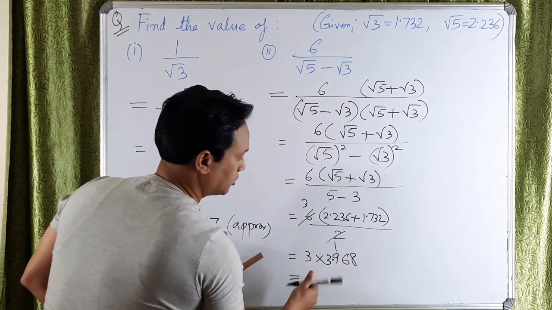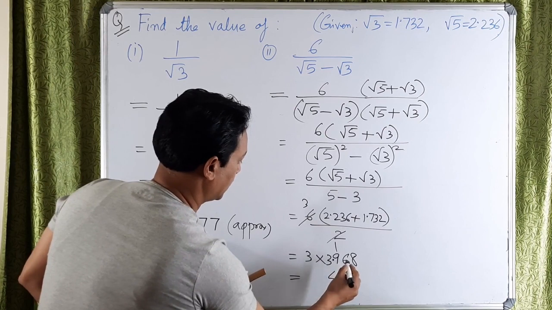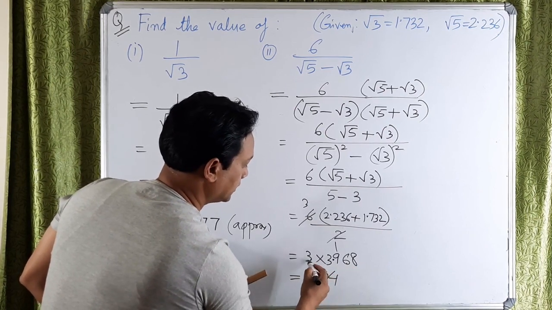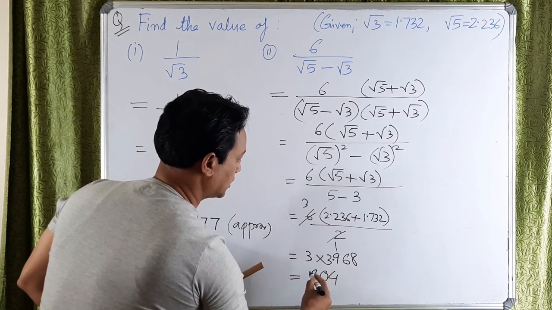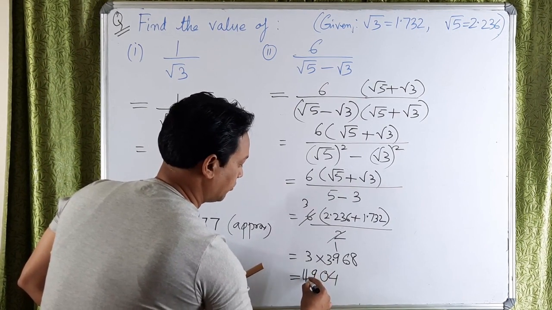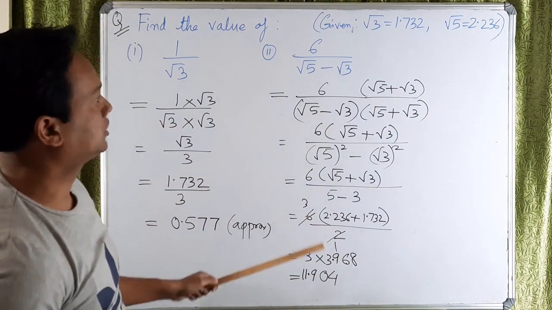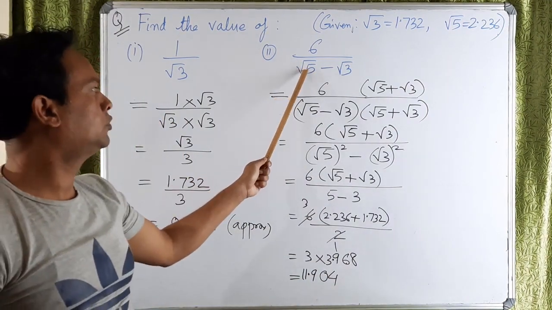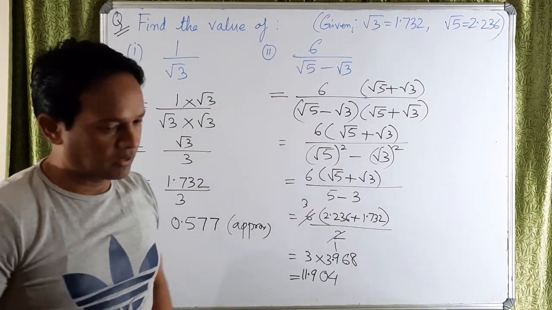Now we'll multiply these two numbers. 3 eights are 24, 3 sixes are 18, 19, 20, 3 nines are 27, 28, 29, 3 threes are 9, 10, 11. So 11.9404 approximately is the answer. Remember not to put the value of the root directly. You have to rationalize and then substitute the values.